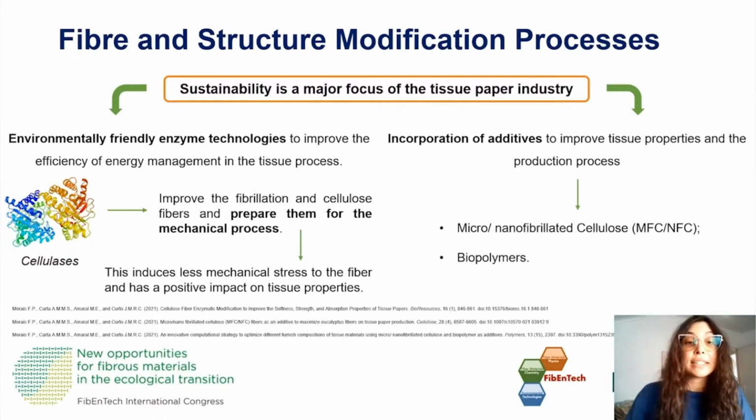This includes less mechanical stress to the fibers and has a positive impact on tissue properties. Another strategy is the incorporation of additives to improve tissue properties and the production process. Examples are micro-nanofibrillated cellulose and biopolymers.